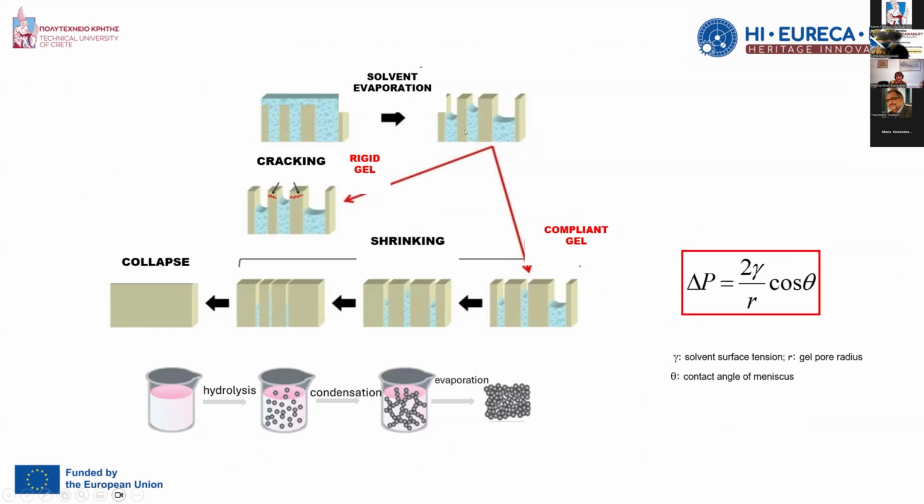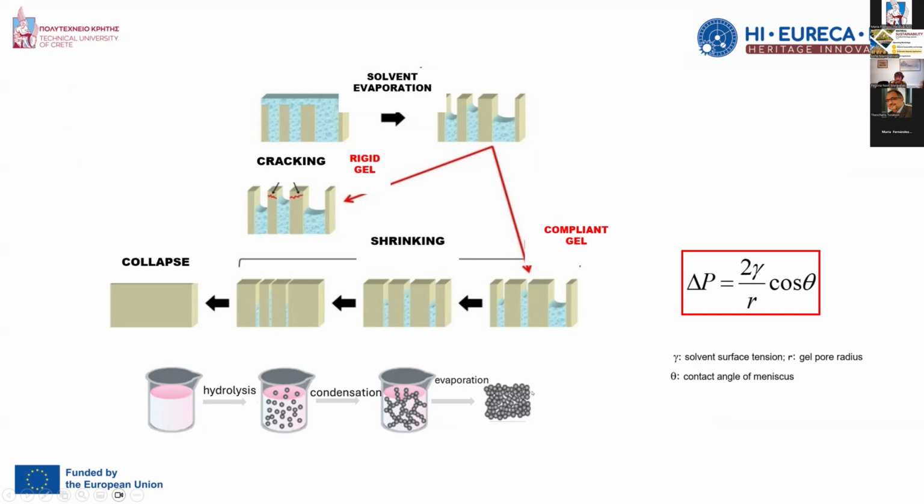You may see here that after the solvent evaporation, different menisci are formed, and there is a difference in the height inside the pore solution. Therefore, according to this equation here, a pressure is generated, and this pressure is responsible for the cracking that is observed with the gel formation inside the pore.